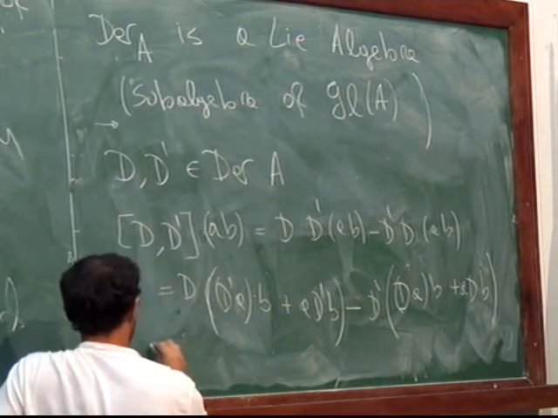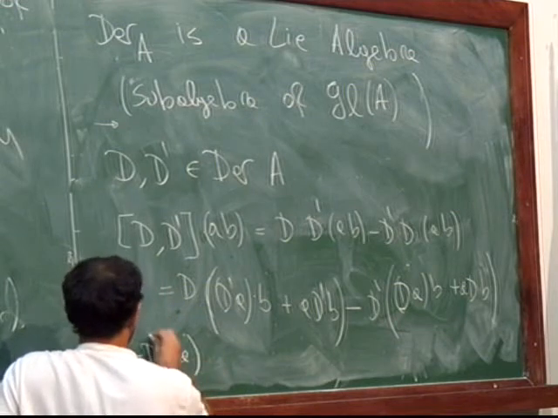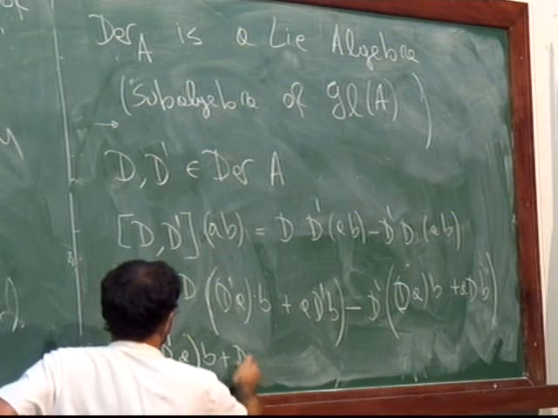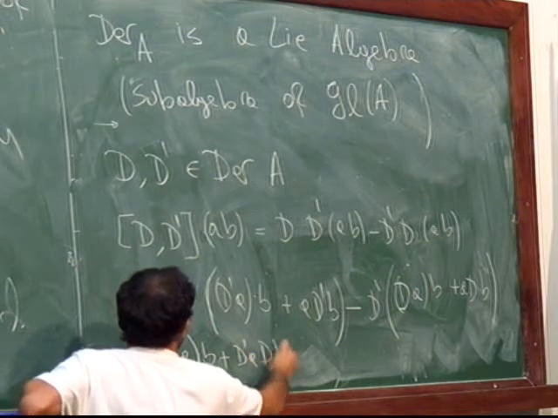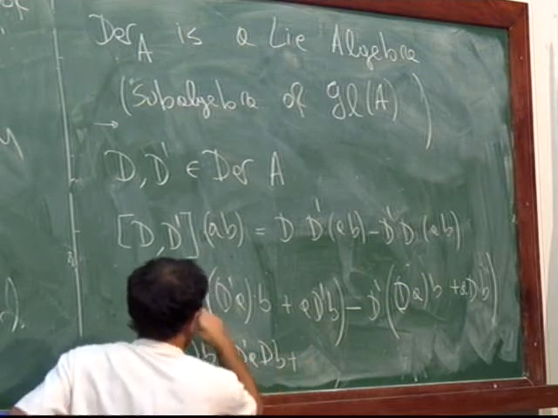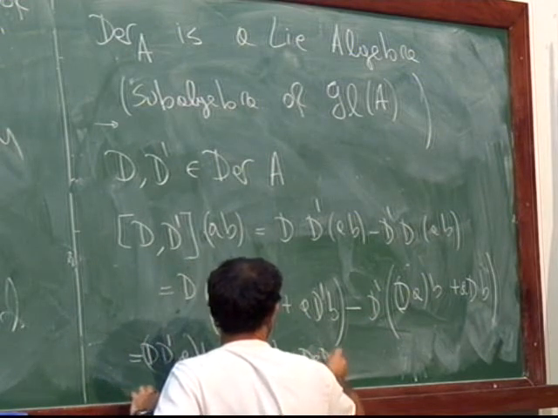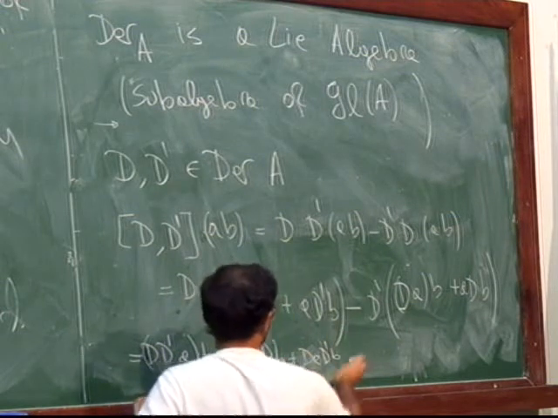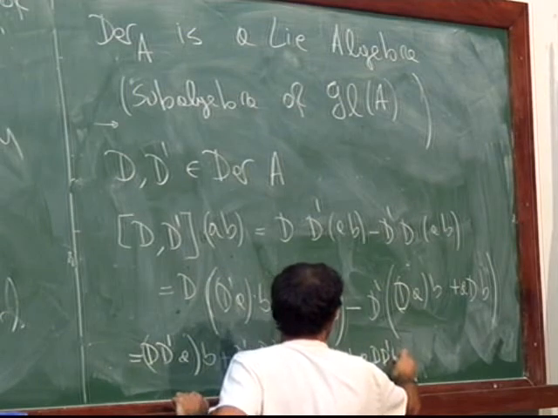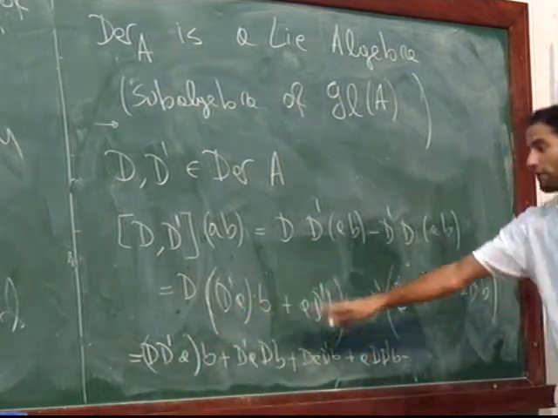So this is D prime A times B plus D prime A dB. So that takes care of this guy. Plus dA D prime B plus A dd prime B. That takes care of that other guy.